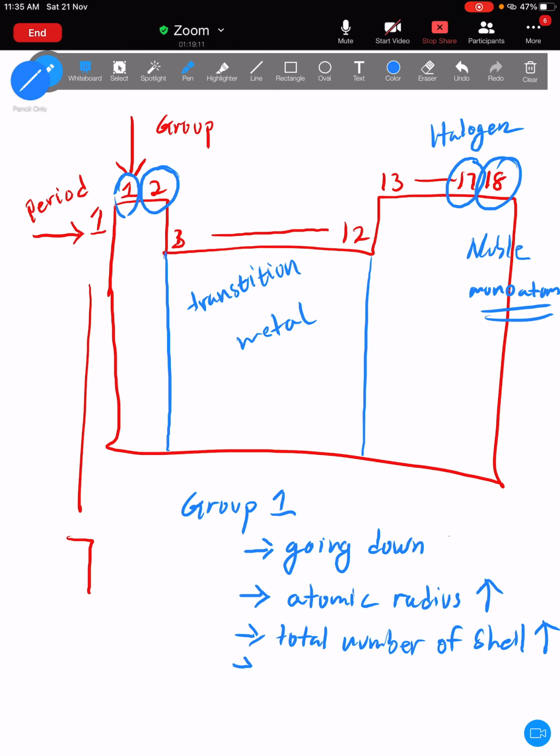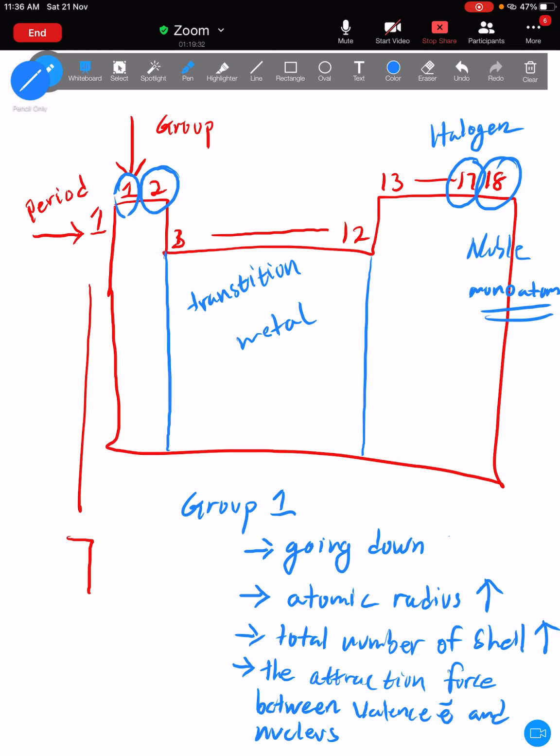And this will cause what? The attraction force between valence electron and nucleus decreases. Okay, the attraction force between nucleus and the valence electron decreases.